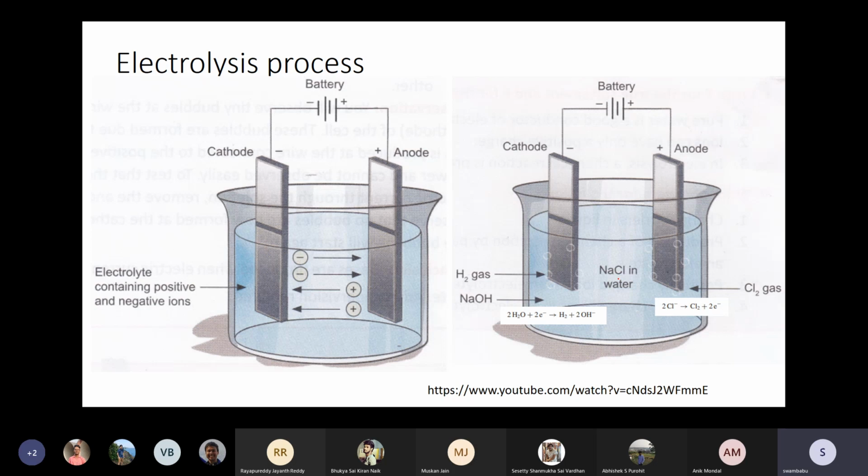It will never be possible. Only the liquid close to the electrodes will be involved in the reaction. So ultimately, after a certain amount of time, we end up with NaOH and NaCl.